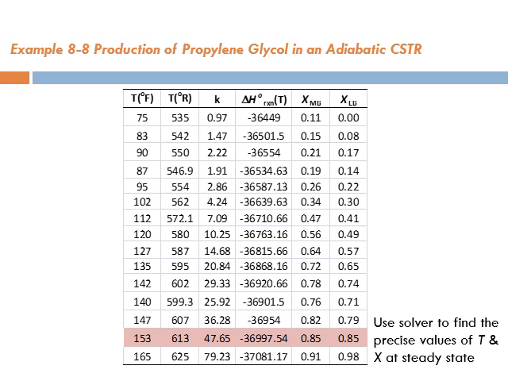As you saw there, Shabab, roughly the answer from the figure was around 310 Rankine, and X was above 0.8. So let's say, whatever it is. Okay, so if we want the precise answer, we can use solver to find the precise values of T and X at the steady state.